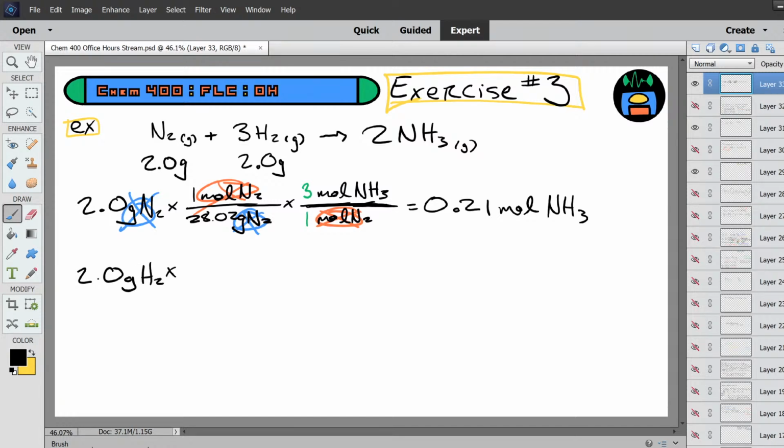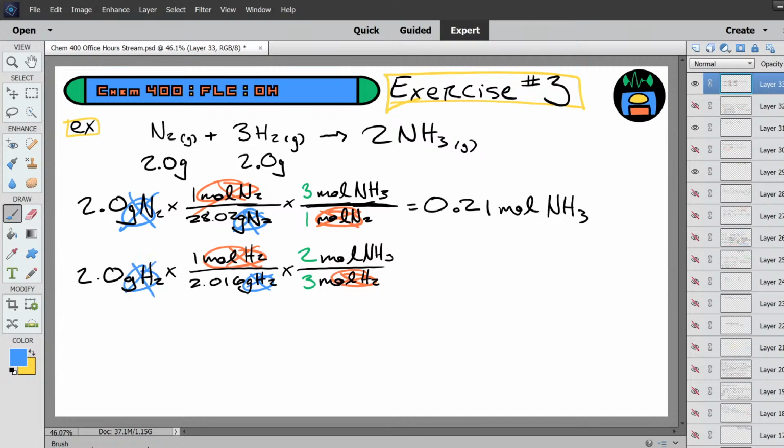So next we convert from grams of hydrogen to moles of hydrogen, followed by converting from moles of hydrogen to moles of ammonia. That's a 3 to 2 ratio. Moles of hydrogen cancel with moles of hydrogen. Grams of hydrogen cancel grams of hydrogen.